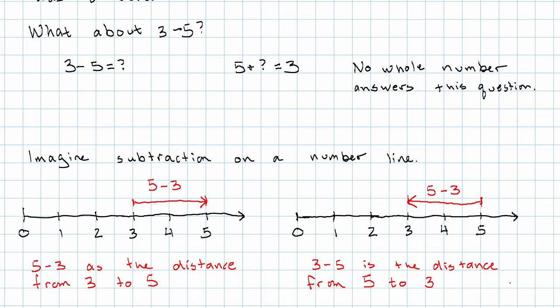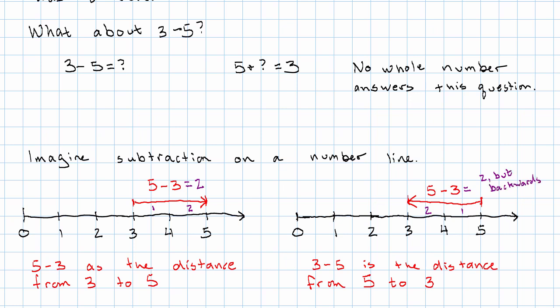Notice that those look almost the same. 5 minus 3 is 2, and that makes sense because this is 2 units long. This is also 2 units long, but it's backwards. This is 2, but backwards.